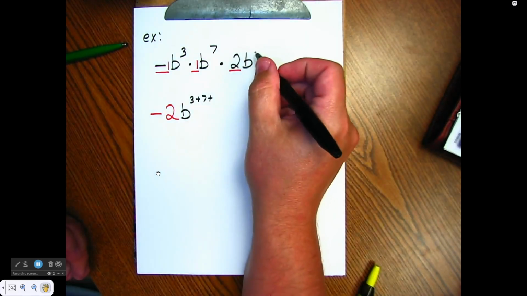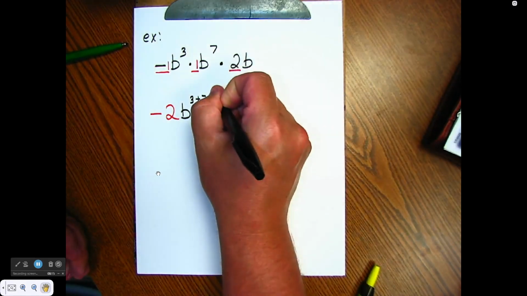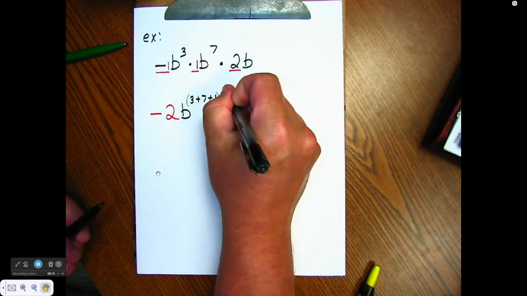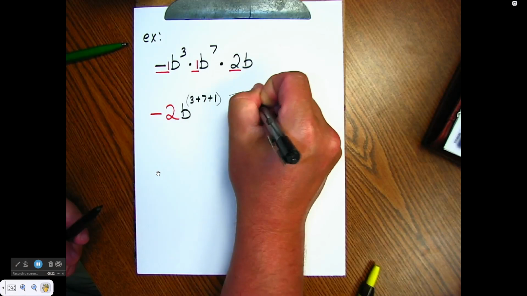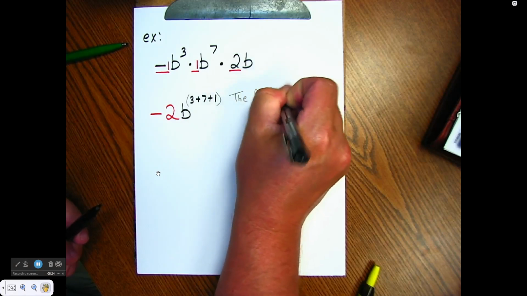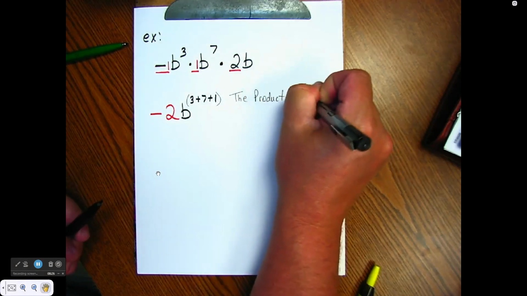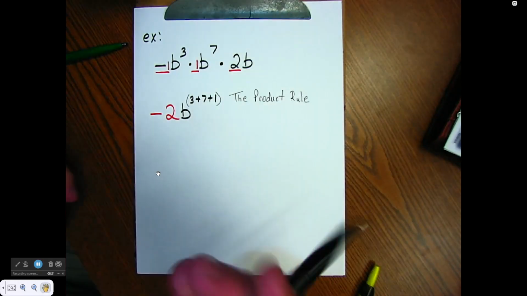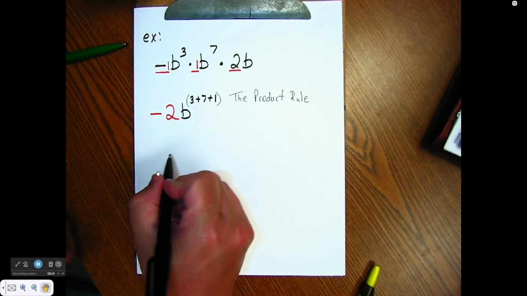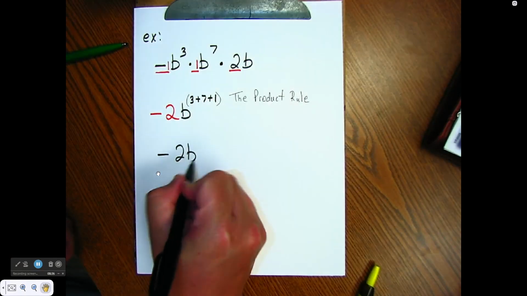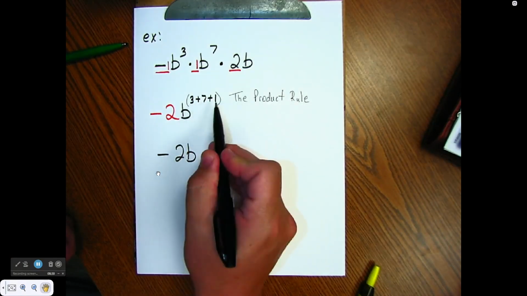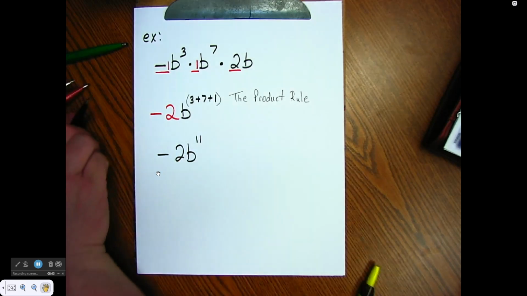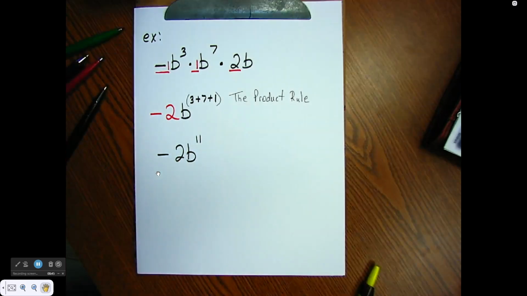And this is exactly what the product rule is instructing us to do, giving me a final answer of negative 2b to the 3 plus 7 plus 1. That's negative 2b to the power of 11. And that is our final answer for this example.